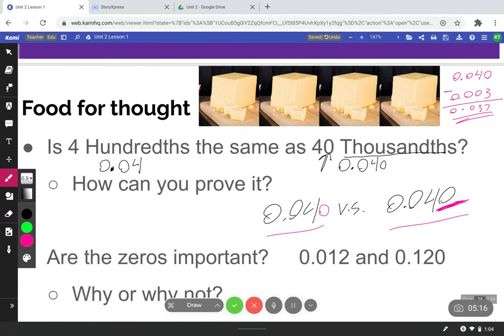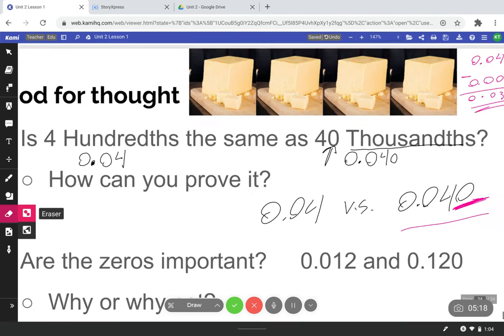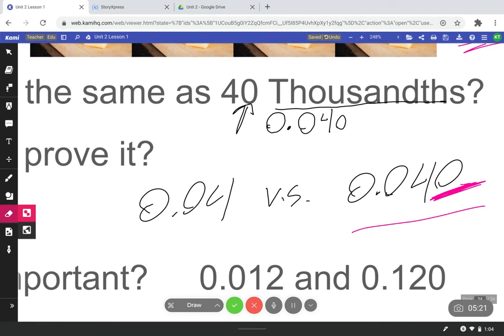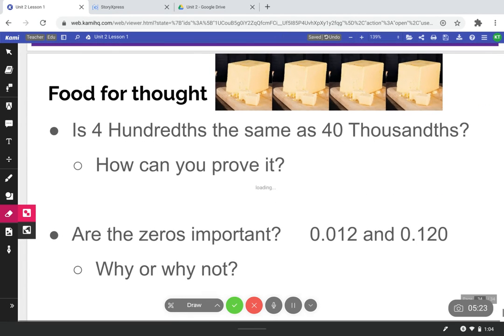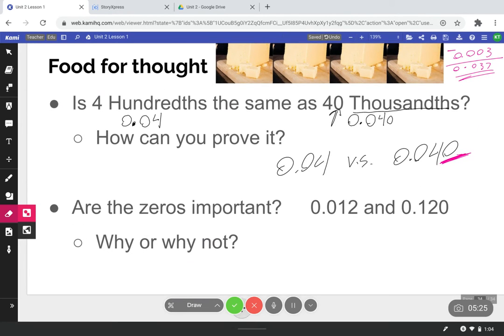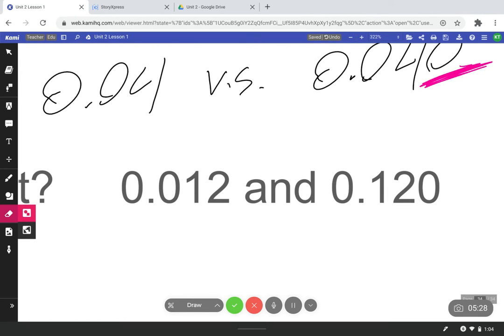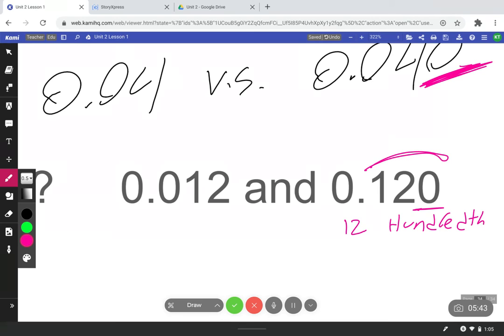If we're not using it, it's okay to just put 4 hundredths. These values are the same thing. And we saw that in the problem with Maxon and Michael's cheese. Why did Michael have this 0 revealed? So if we wanted to say it, we could say 12 hundredths or 120 thousandths, because that 0 is revealed.